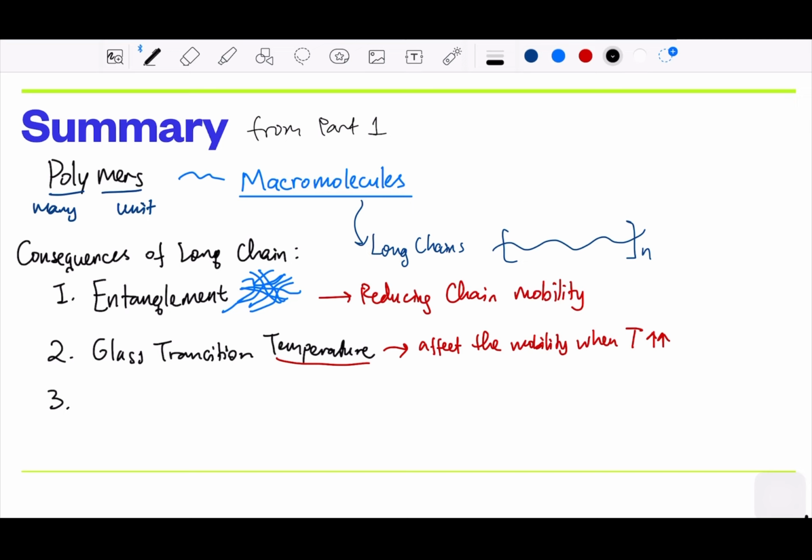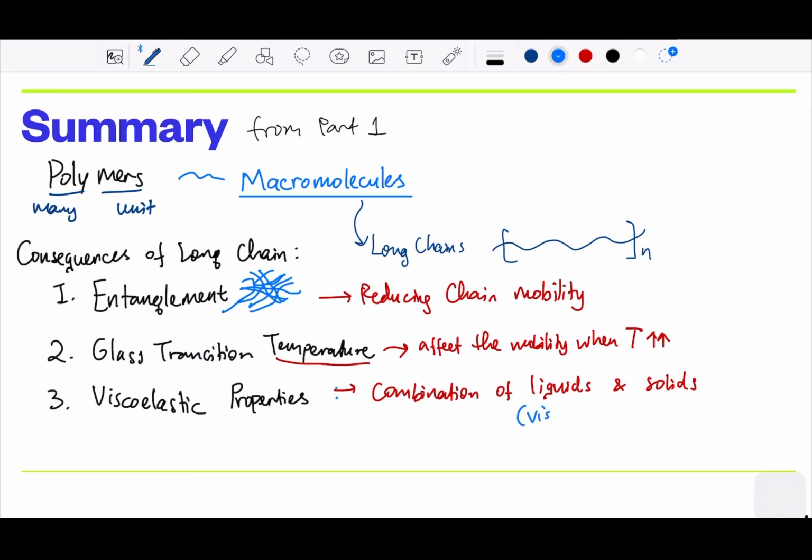We call the property viscoelastic. This is a combination of liquids and solids. Liquids are as in the viscous, and solids as in elastic.